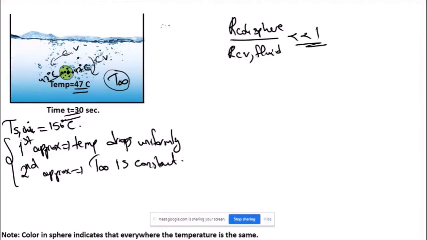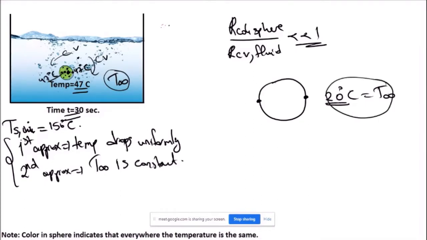Okay, if it has small resistance, this is your body. Here, for example, you have 20 degrees Celsius of T infinity. If it has small resistance, it means that this T infinity of 20 degrees Celsius is propagating into the body at a very high speed. So here the temperature drops, for example, 100 degrees Celsius, and it drops 100 degrees Celsius here.